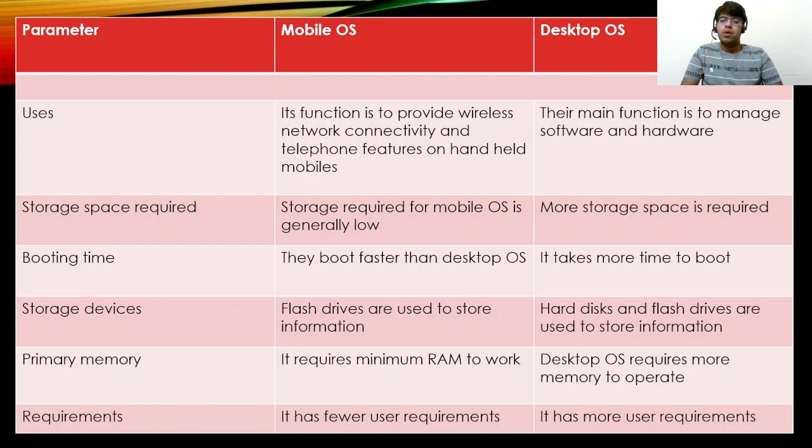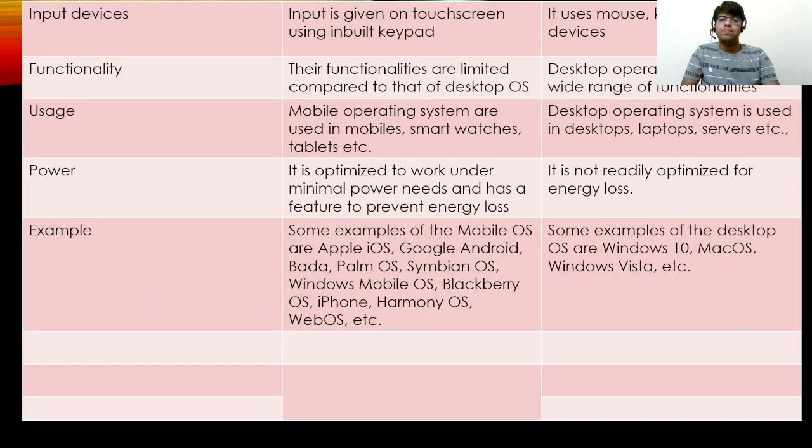In terms of primary memory, our mobile OS requires some minimum RAM to work, whereas the desktop OS requires a lot more RAM than the mobile OS to operate. Talking about requirements, we have fewer requirements in terms of mobile OS, while the desktop OS requires a lot more, like drivers, buffers, and many other things.